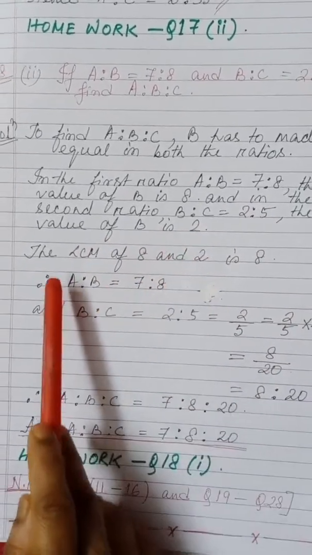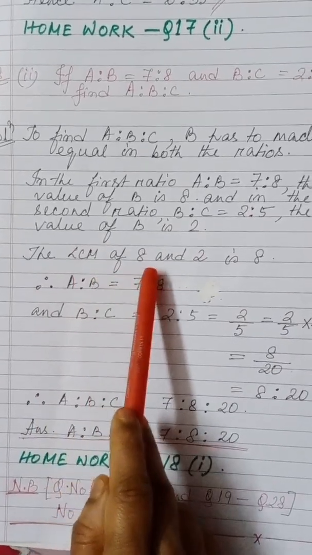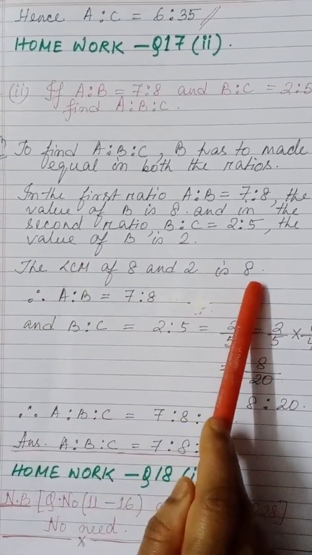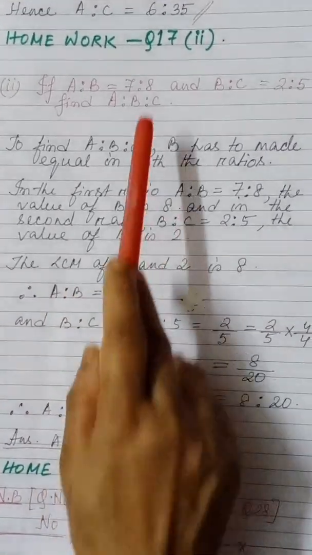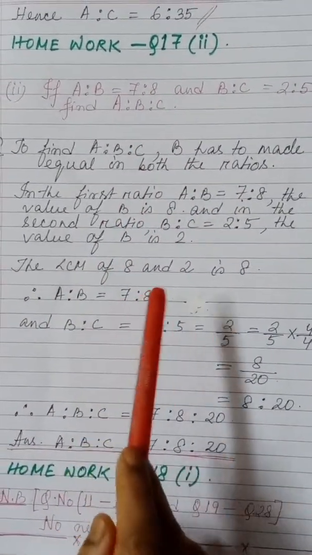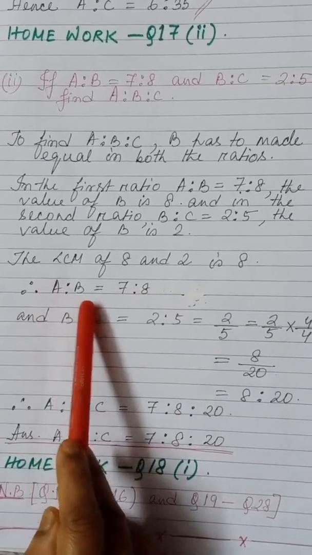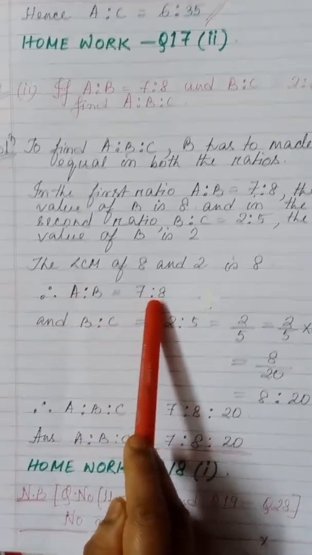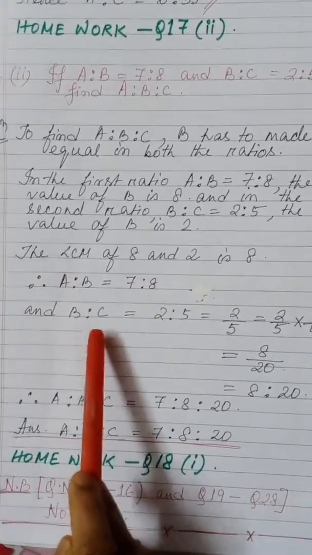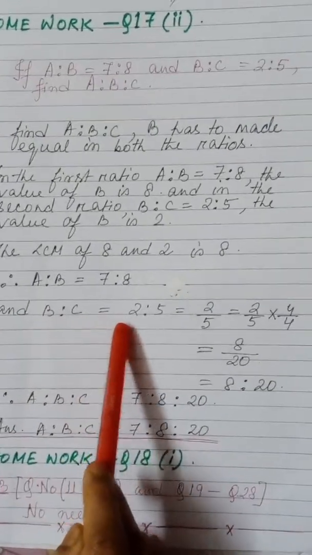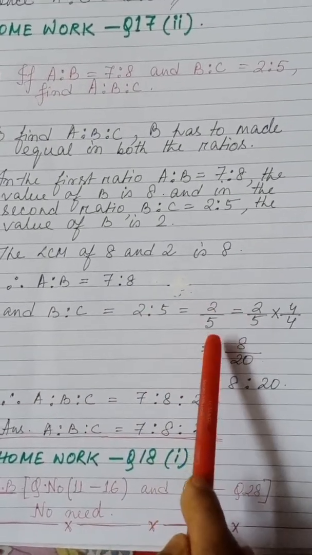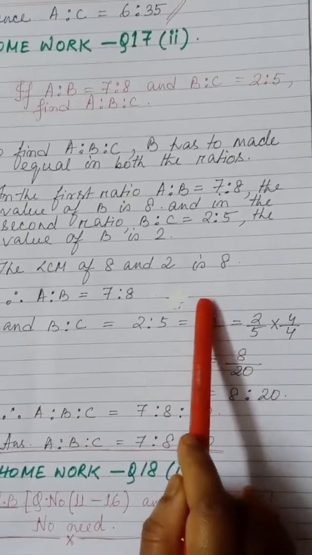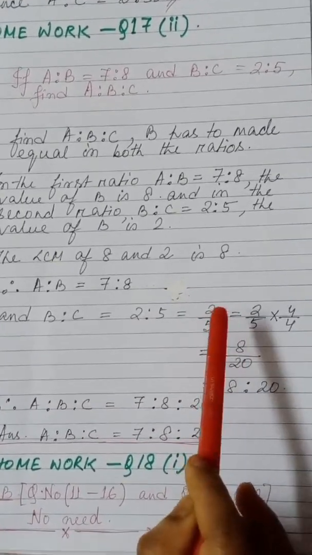Now, the LCM of 8 and 2 is 8. Therefore, you will have to make both the B's equal to 8. Then A is to B equal to 7 is to 8, and B is to C equal to 2 is to 5, which is 2 by 5. You will have to make this 2 as 8.